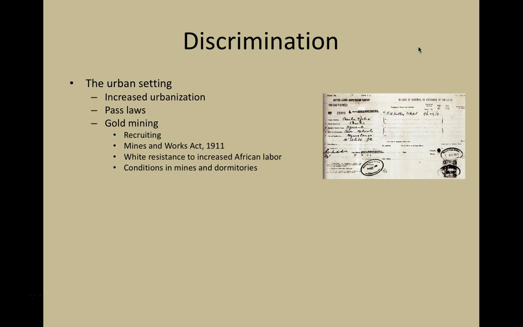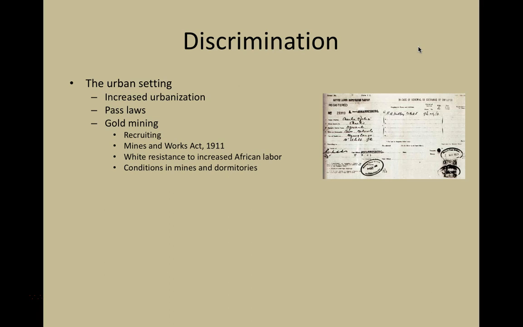The largest employer, at least early in the 20th century, of black Africans were the gold mines around Johannesburg in the Witwatersrand region. And in fact, there was a massive effort by the gold mines to recruit African laborers within South Africa on the native reserves, but also in surrounding countries.